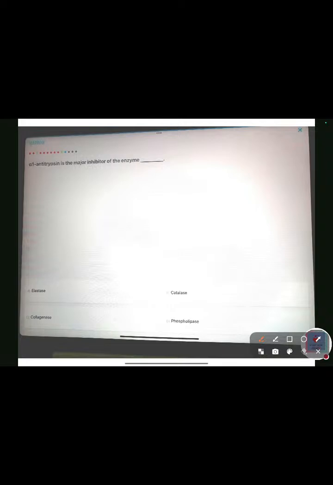This enzyme is reduced in chronic smokers, causing emphysema. So these are important for elastase. Alpha 1 antitrypsin is the major inhibitor of the enzyme neutrophil elastase.